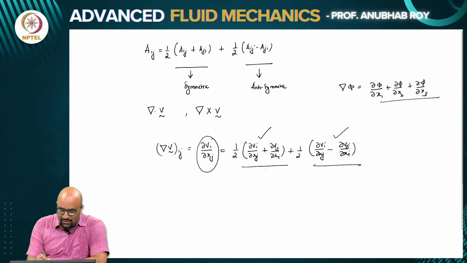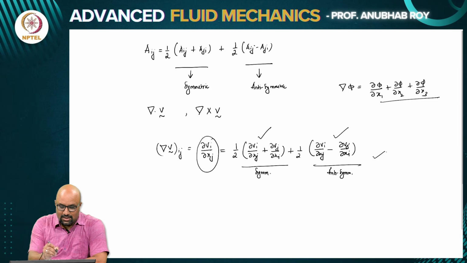So, that tensor of second order has a symmetric part and has an antisymmetric part. The symmetric and antisymmetric part is something that is at the fundamental backbone of understanding how we think of deformation that occurs in fluid. So, we are just writing this right now, but we will revisit this when we start the topic on kinematics.